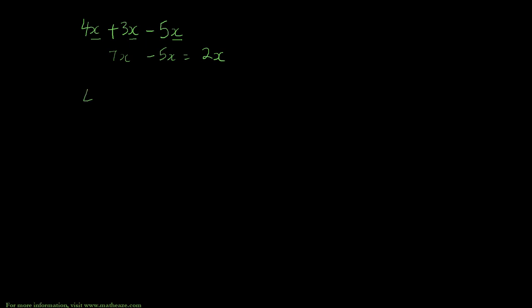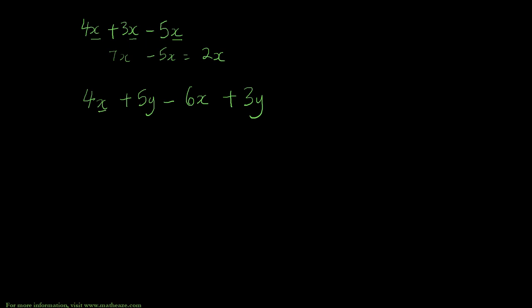Now, if we had 4x plus 5y minus 6x plus 3y. In this case, what we need to do first is combine the common terms, or some will say group like terms. What this really means is that every term that has the same variable, you bring them together.